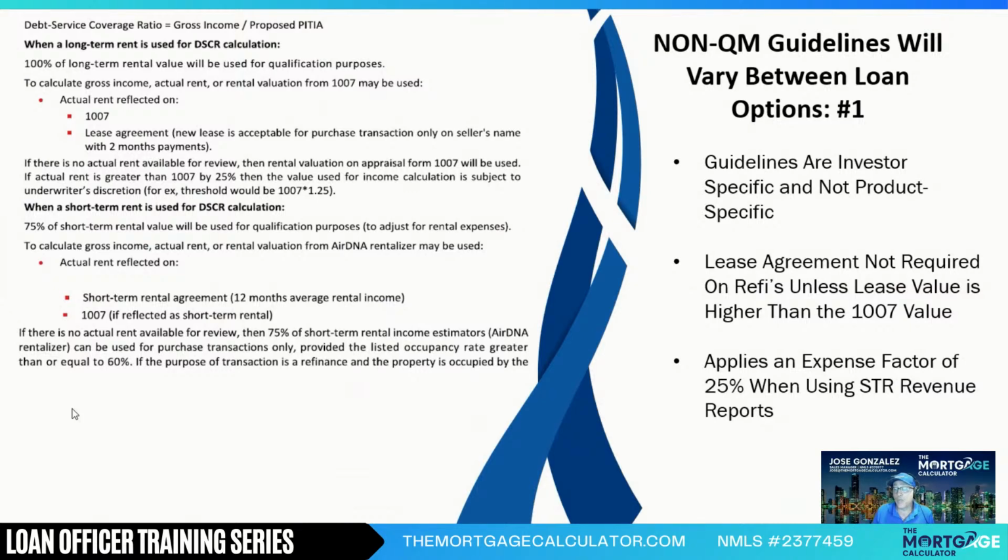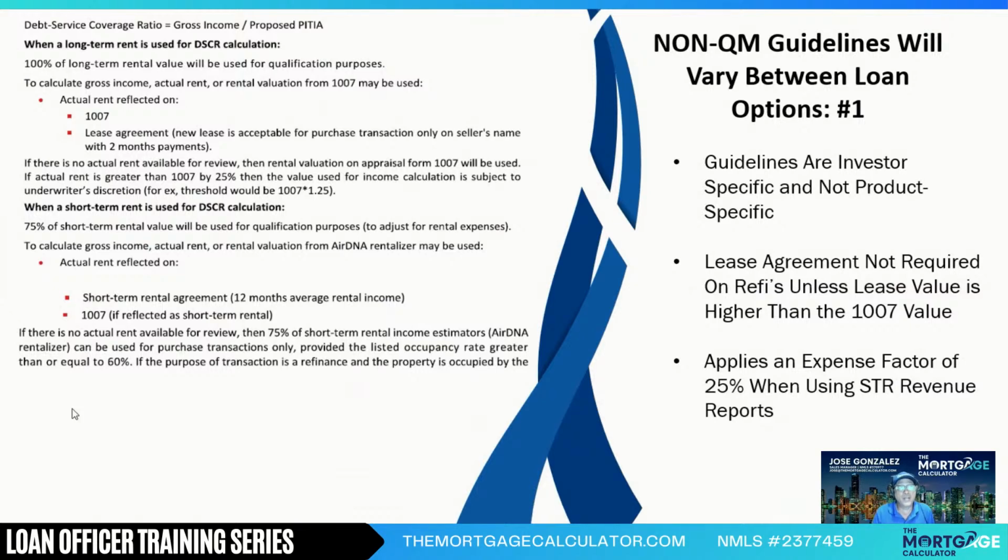They really will not care that the current rent may be less from the current tenant, because you're going to be asked for either the 1007 or the lease. No lease is required to be presented on a refi, and whether your property is vacant or occupied is not going to be an issue either, because they're going to go off of the 1007 market rent.